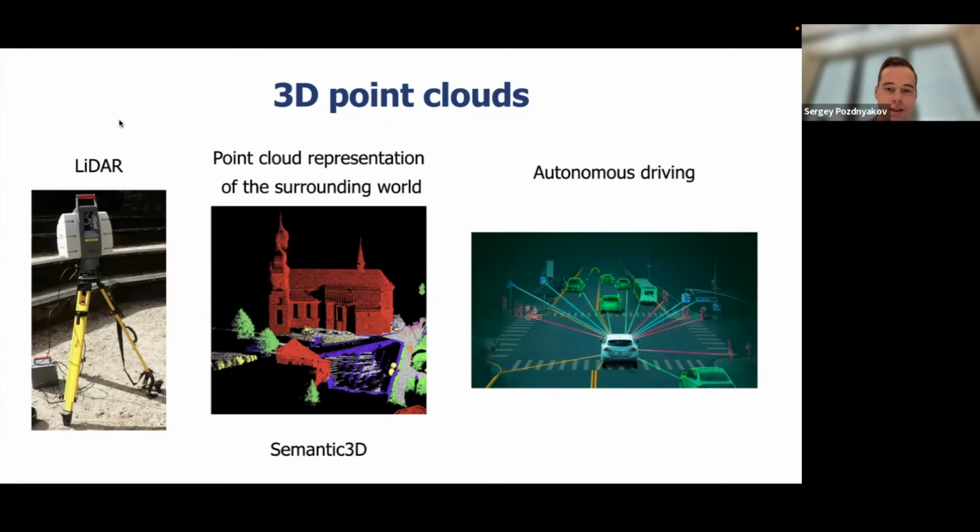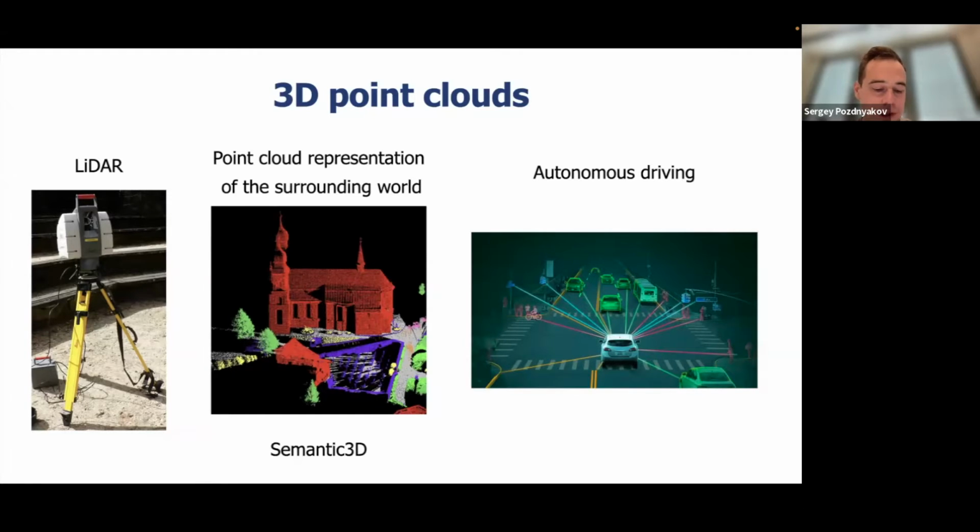It is a sensor that emits some beams, and it collects the information of the surrounding world also in the form of three-dimensional point clouds, as illustrated on this picture in the middle. And such sensors are used, for instance, in autonomous driving. So such sensors are installed in autonomous cars. They produce the representation of the surrounding world in the form of 3D point clouds.